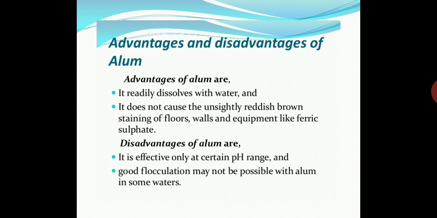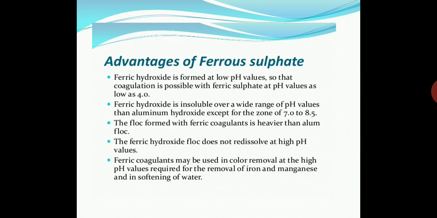The main disadvantage is that it is effective only in the prescribed pH range, and flocculation may not be possible in some other waters, where it may not be effective.